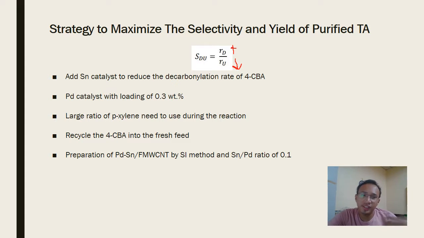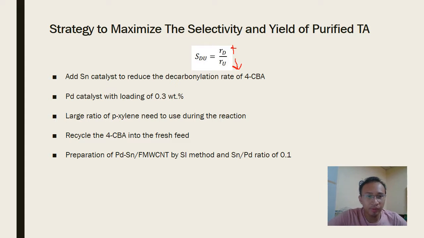The first step that we can do is adding Sn catalyst, which will reduce the decarbonylation rate of 4-CBA, so it will increase the product selectivity. Another thing we can do to maximize the selectivity is adding the Pd catalyst with a loading of 0.3 weight percent. It will provide sufficient hydrogenation activity for 4-CBA hydrogenation without excessive loss of TA.